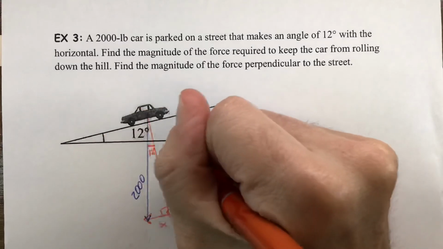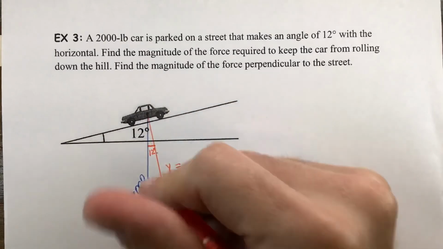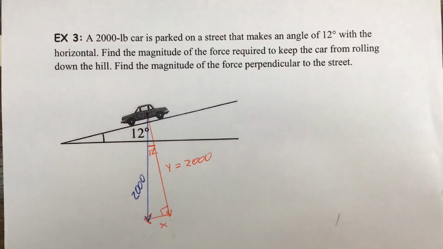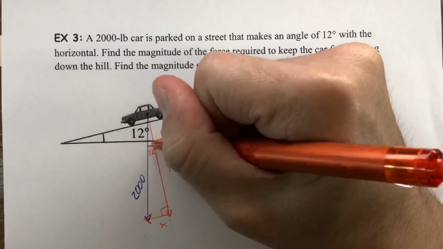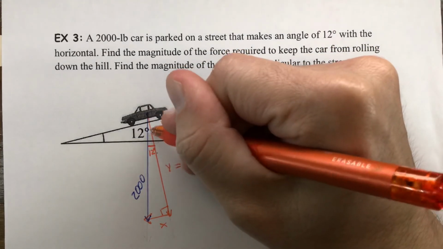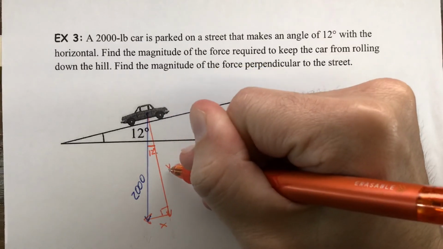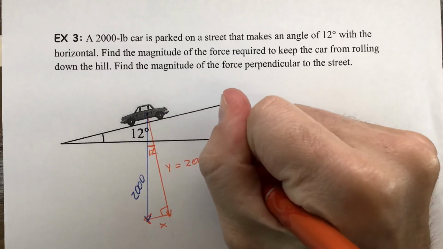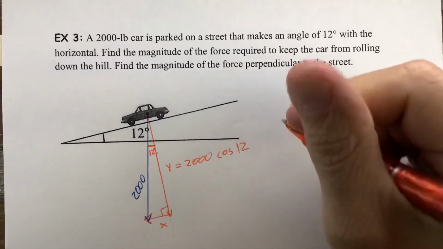The y component is going to be equal to the magnitude, 2,000, multiplied by, if we're going to use the 12 degrees here, actually a cosine in this case. So it's a little bit weird, right? Because that, which I just called the y, is actually adjacent to the 12. So that's going to be cosine 12.